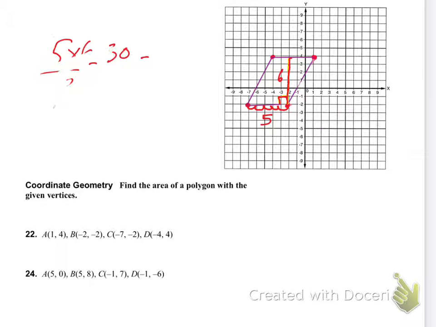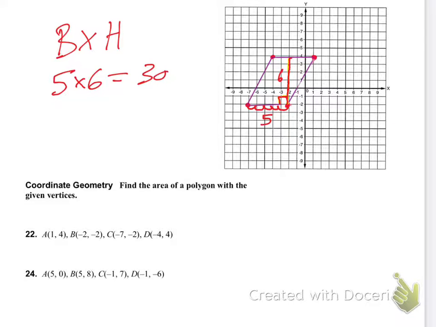I just did the equation for triangles. Don't be like Mr. V. Have your notes ready at all times. The equation I am looking for is just base times height. If it was a triangle, I'd be doing base times height divided by 2. So this is still just base times height. 5 times 6 is 30. So for 22, it's going to be 30 units squared because there are no units in there.